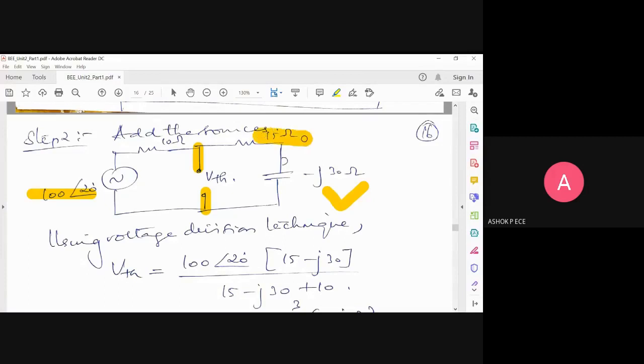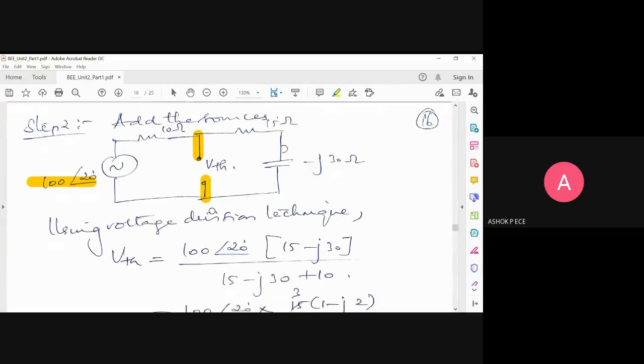If you hide this 15 minus J30, the opposite is going to be 10. You see the formula for voltage division that I have written here: total voltage, 100 angle 20, into that component. I am measuring across this component, and the same current is flowing, so these two are in series.